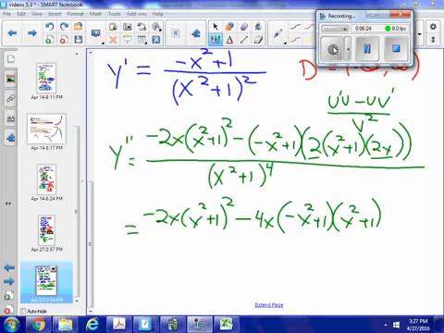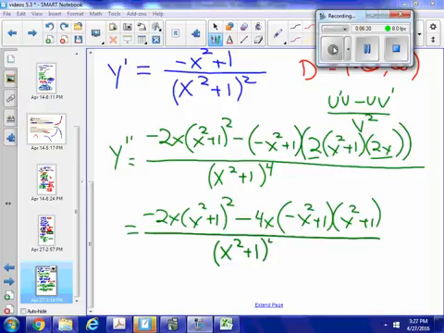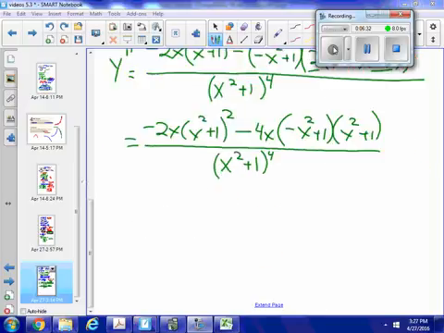All of that is still divided by (x squared plus 1) to the fourth. Let's factor out from my numerator an (x squared plus 1), because I can see in my denominator I had x squared plus 1 also. I think that'll help us lower the power, lower the degree a little bit.